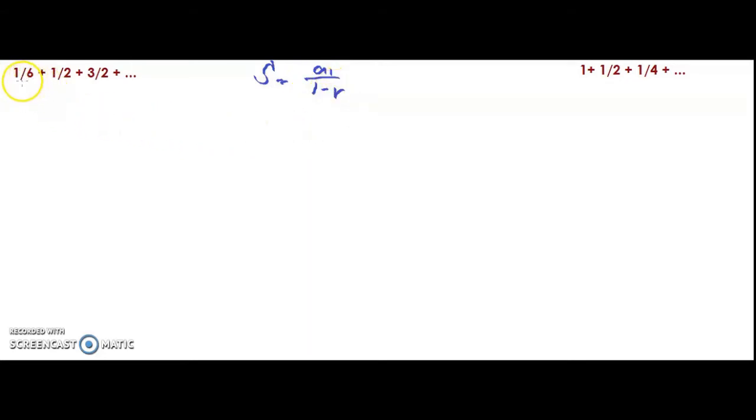Now let us determine if this geometric pattern has a sum. This is infinite. Does it have a sum or not? We know that it has a sum if its common ratio is converge, and no sum if diverge. So, let's first figure out if this pattern is diverge.